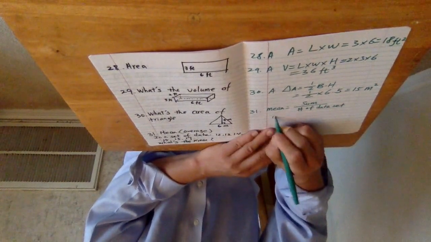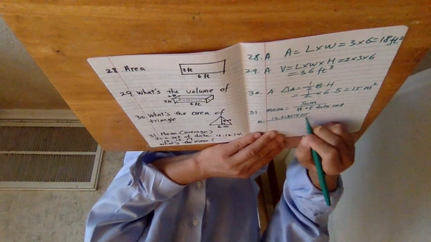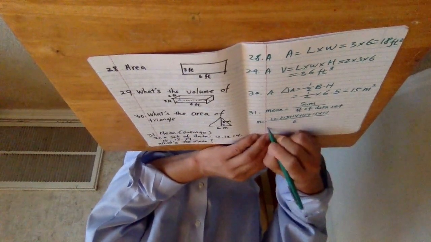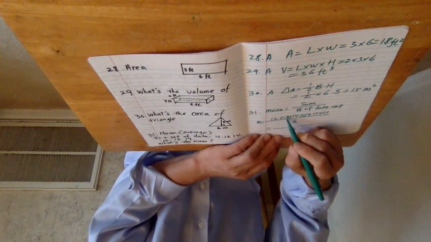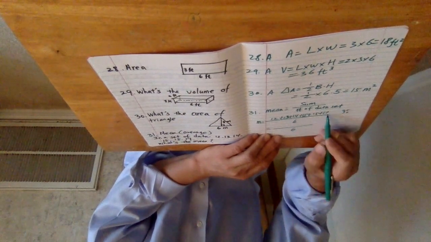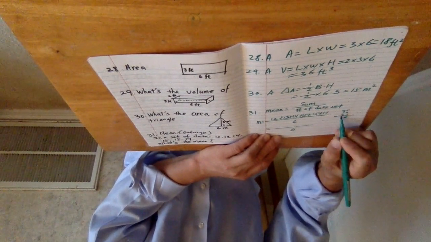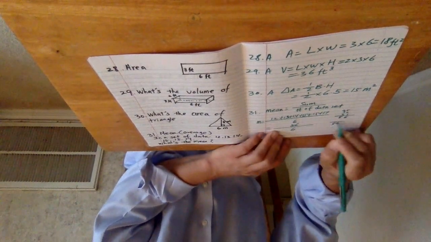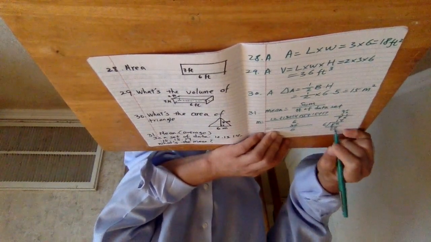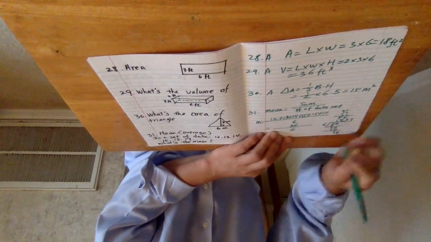So we're going to add them together. 12 plus 13 plus 14 plus 15 plus 15 plus 17, divided by 6. 12 plus 13 is 25, 15 plus 15 is 30, 25 plus 30, 14 plus 17 is 31, so it'll be 86. 86 divided by 6, so it'll be 14.333.